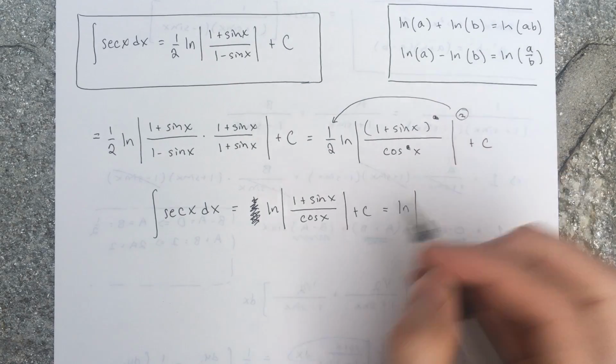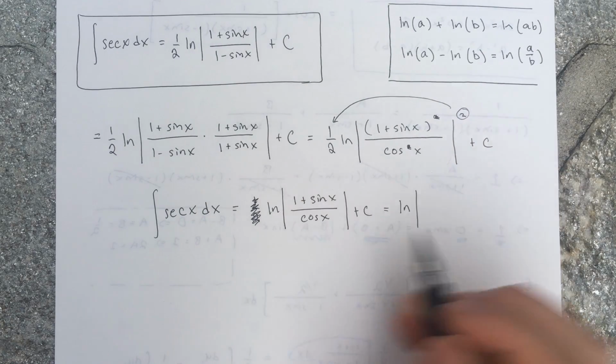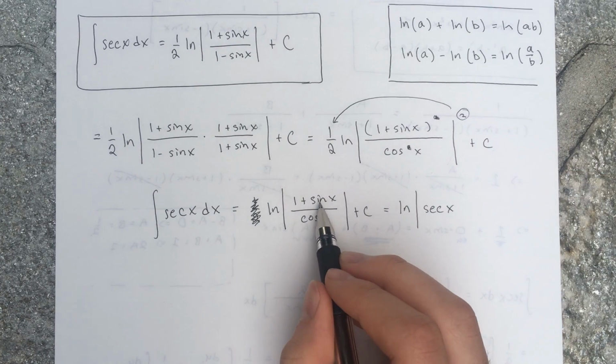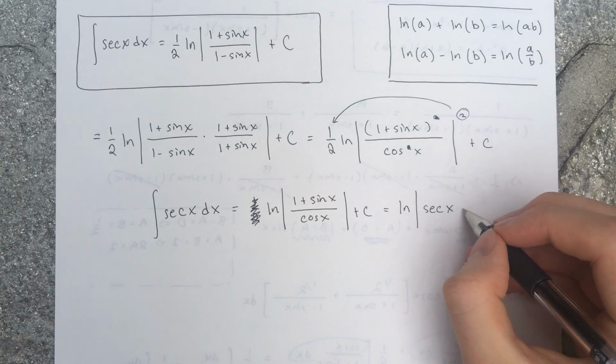And what is this? Well, here we'll have 1 over cosine x, that's just secant x, plus sine x over cosine x, and that's just tangent x.